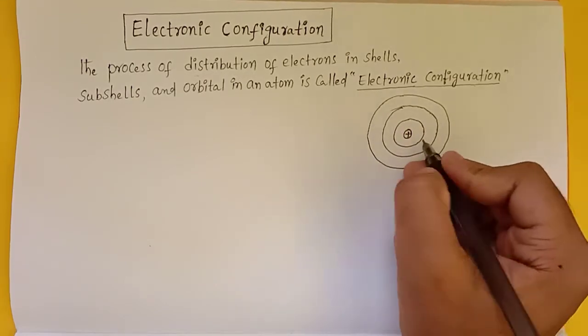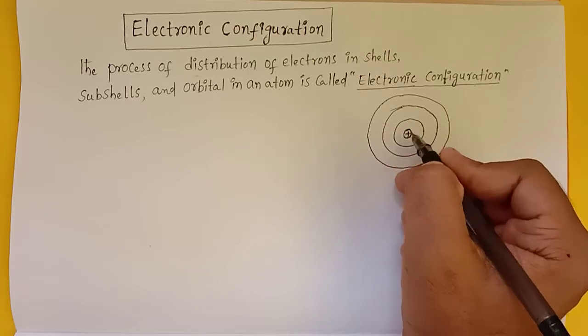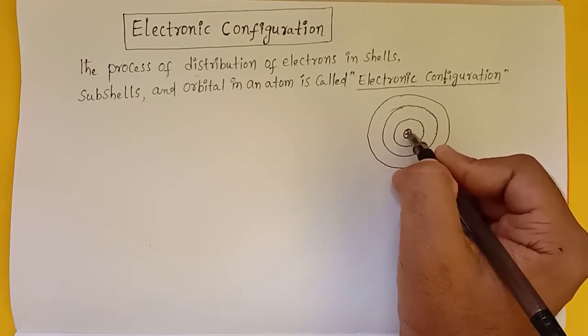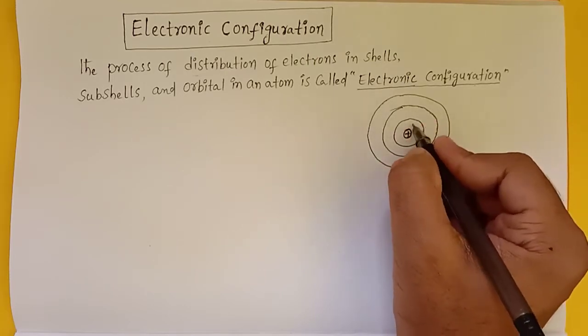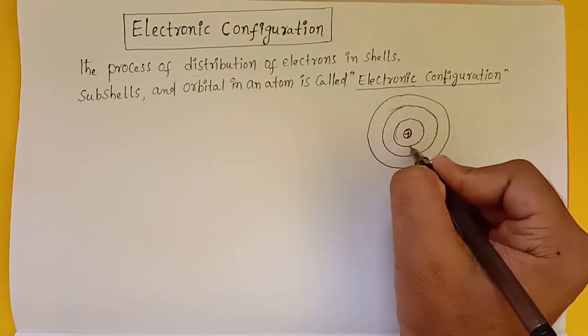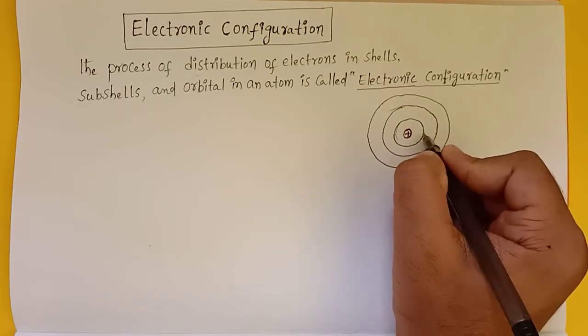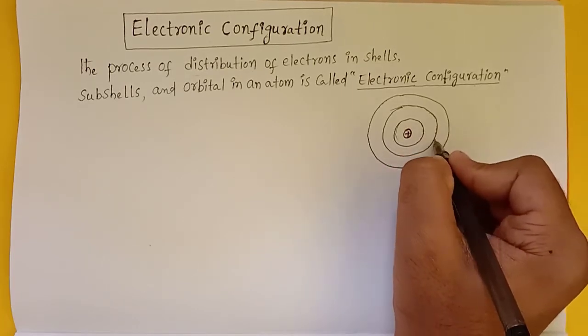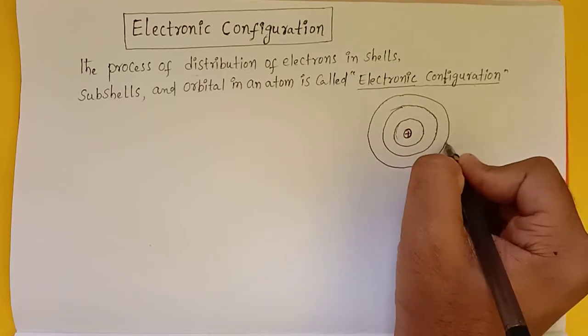So observe carefully. The center is called the nucleus. These are circular orbits. This is the first orbit, n equal to 1. This is the second orbit, n equal to 2. And this is the third orbit, n equal to 3.